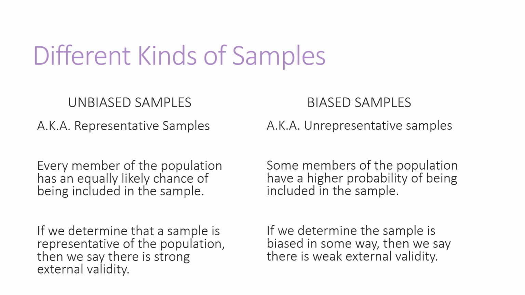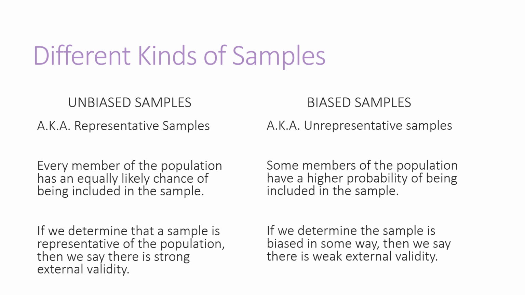And this is important because if you can determine that a sample is representative of the population, and you have sampled in the right way to get that, then we can say there's strong evidence for external validity, meaning what we find in our sample will very likely apply to everyone else in that population. Okay, which is kind of what we're looking for as psychologists.